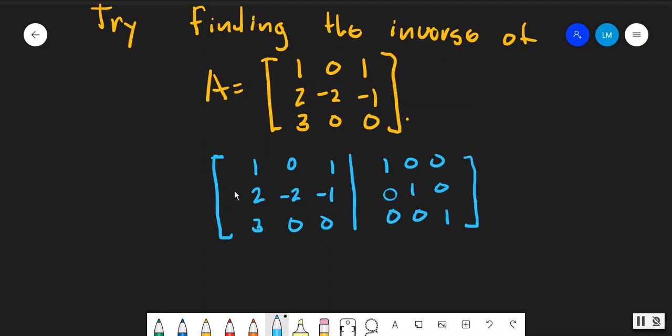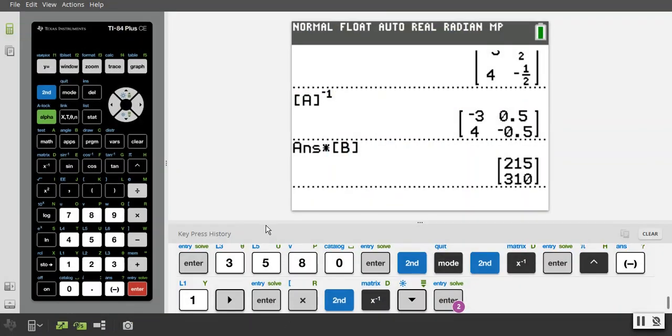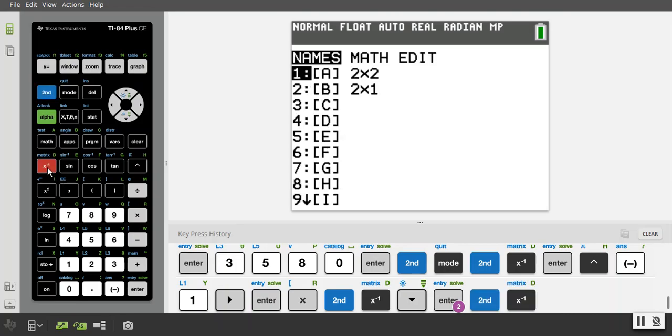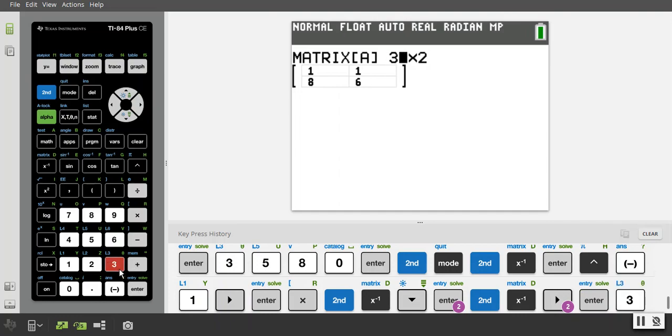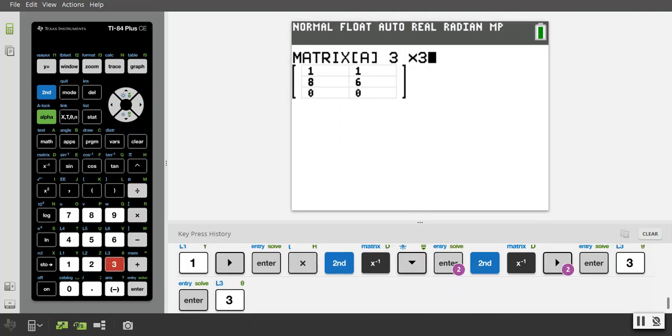Then from there, you just perform the steps. Unfortunately, it's almost like n squared, so in this case it'll be up to 9 steps. But if you compare it to the calculator, it is a little easier, but it's good to know how to do it by hand. If you do want to use the calculator, you'll go to the matrix menu and make sure that you do your entries 3 by 3 and so on.